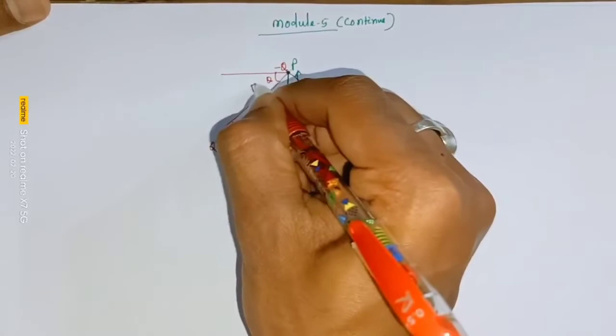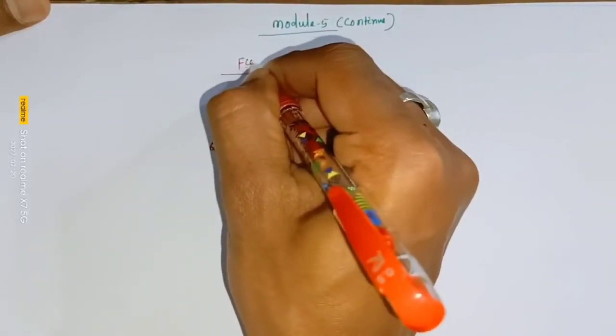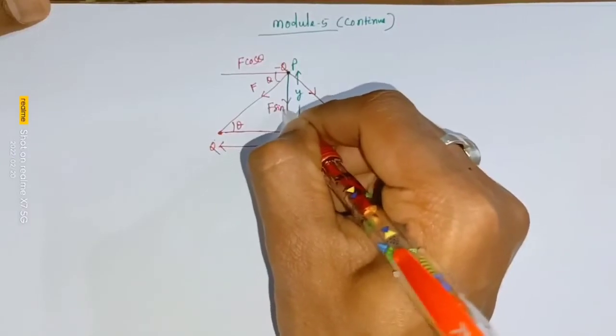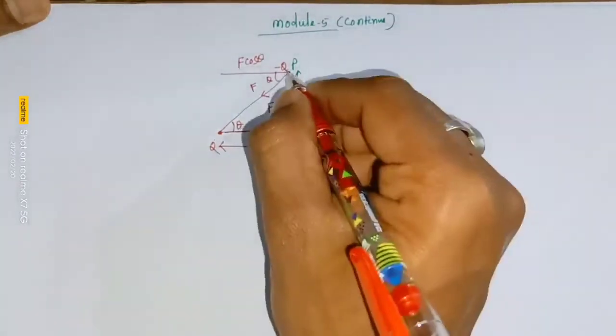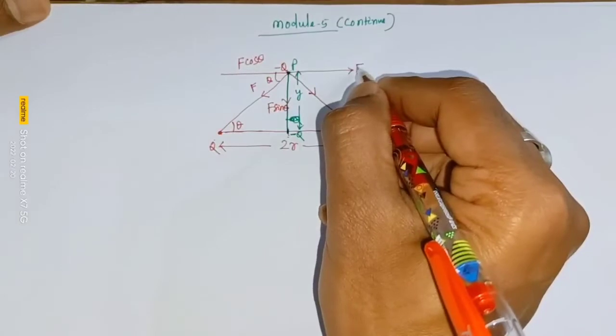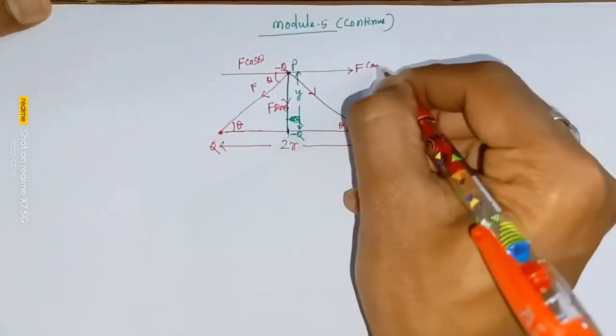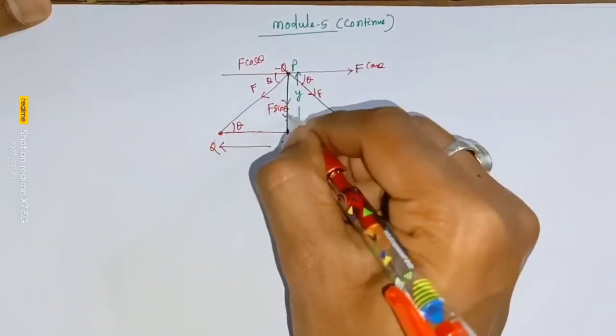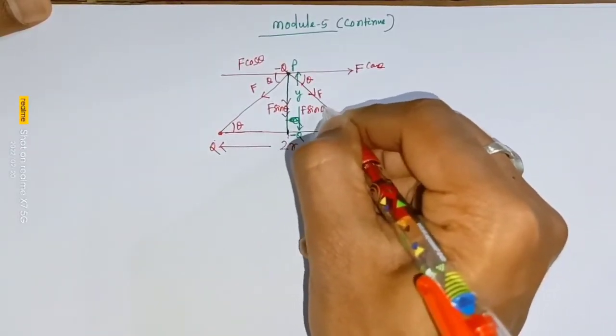If this is the force F, then this is F cos theta and this is F sin theta. Similarly, this is F cos theta and this is F sin theta.